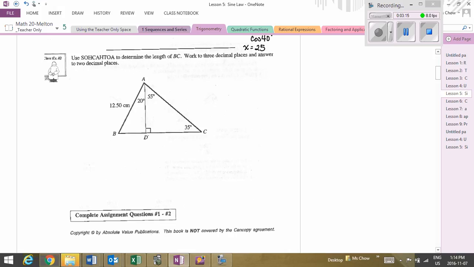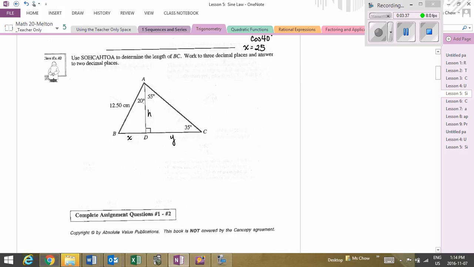So let's start off by finding length BD. I will label BD as x, CD I'll label as y, and the altitude, or the height, AD, I'll label as h. First off, to find x, x is important to us because that makes up part of length BC.